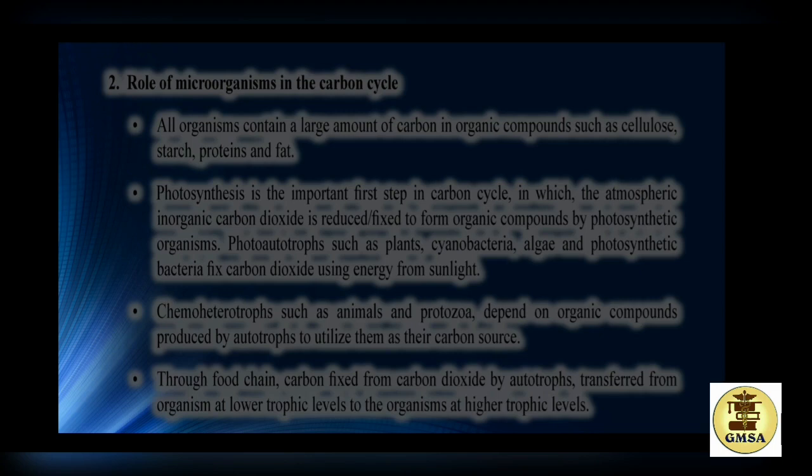Photosynthesis is the important first step in the carbon cycle, in which atmospheric inorganic carbon dioxide is reduced, or you could call it fixed, to form organic compounds by photosynthetic organisms. Photoautotrophs such as plants, cyanobacteria, algae, and photosynthetic bacteria fix carbon dioxide using energy from sunlight. Now, these are the primary producers in an ecosystem.